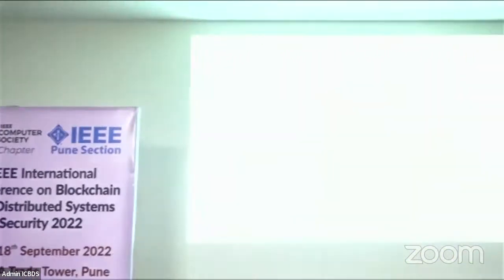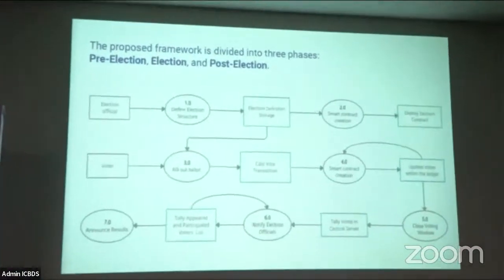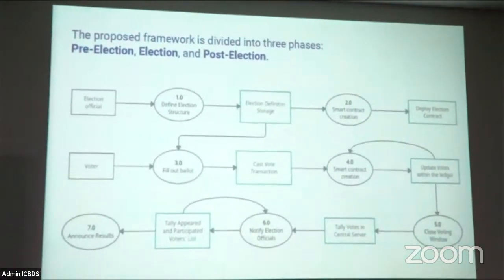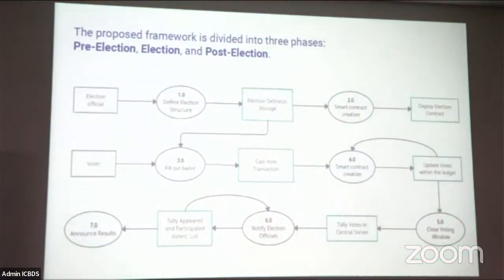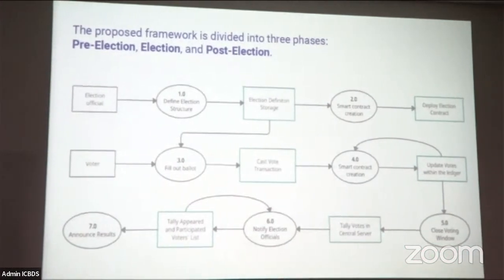The proposed framework is divided into three phases: pre-election, election, and post-election. Here in diagram 1, the election structure will be defined. The smart contract is created between the users, that is the voters, and the administrator, right?